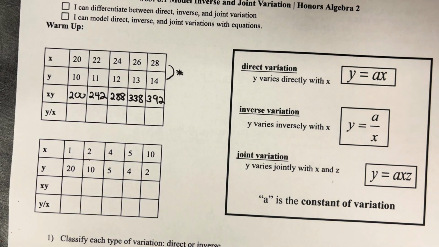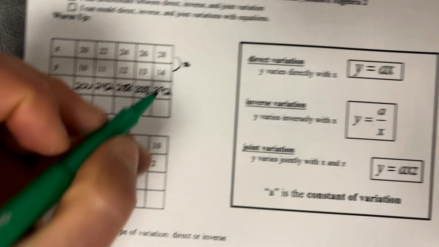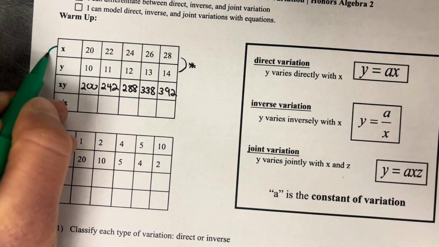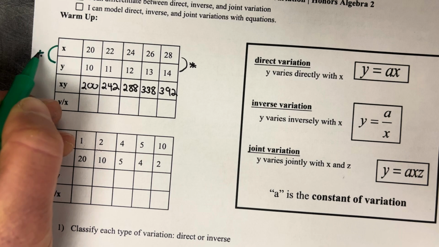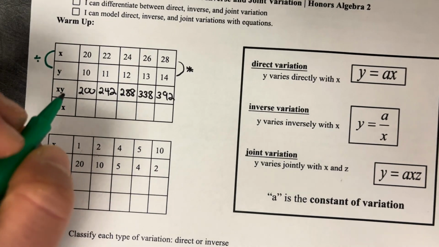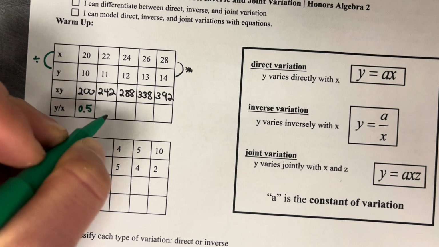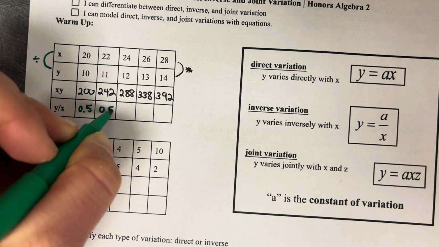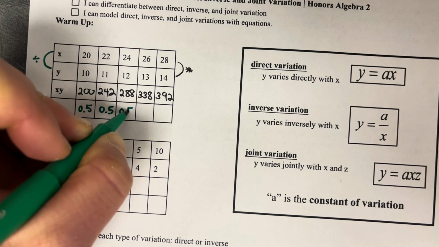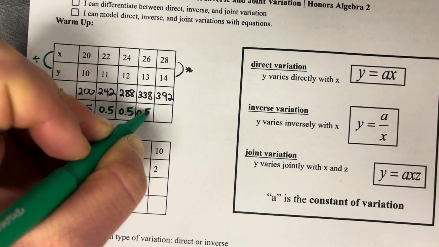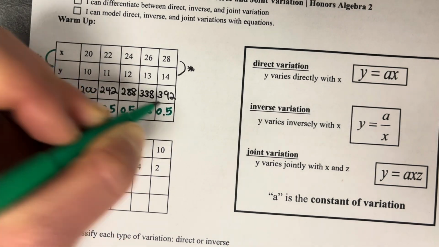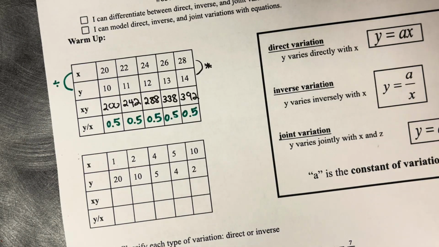And then we're going to calculate y over x. So take these two and divide them. Y divided by x. So 10 divided by 20 gives us 0.5. 11 divided by 22 gives us 0.5. All of these give us a constant of 0.5.